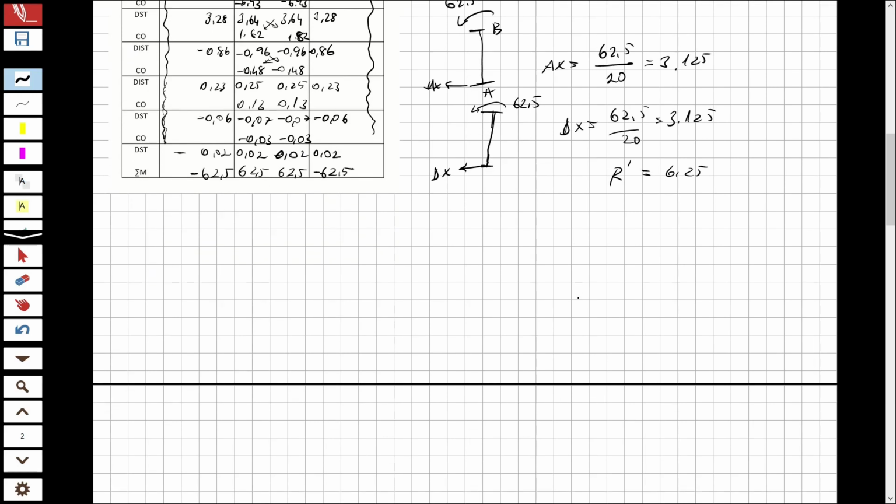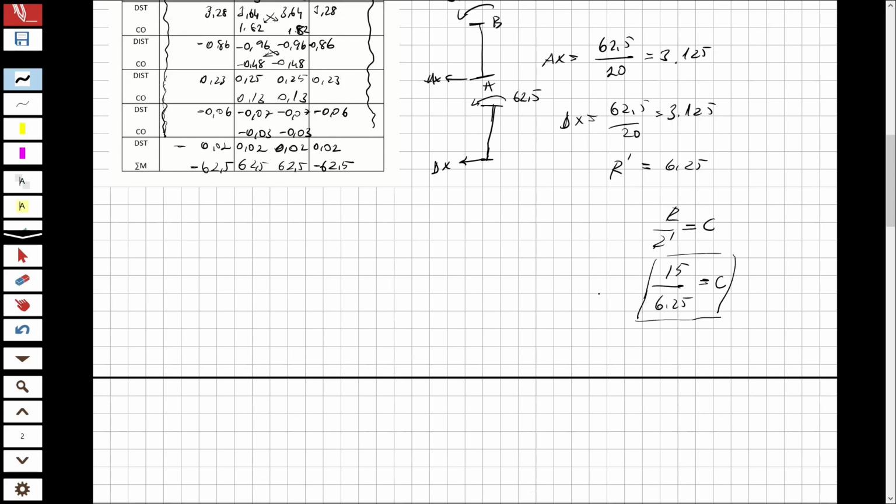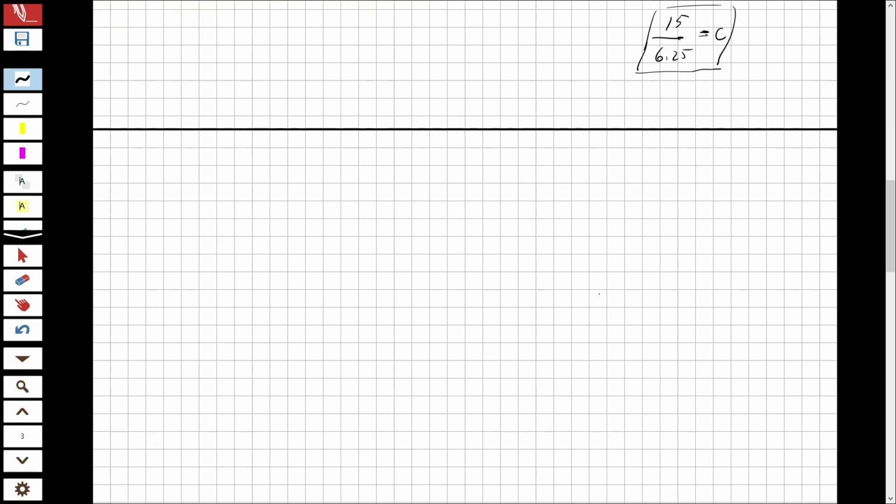Now I need a ratio. Ratio is R over R prime. Okay, this is equal to C. What is R? The first R is 15, the other R is 6.25, and equal to C as a ratio. I can use it like that, and I can find the result of that and use it. You can do both. So now let's find the moments.